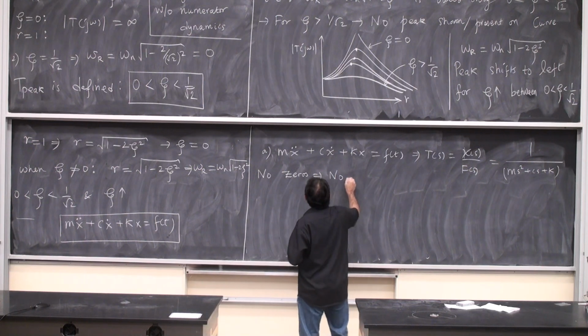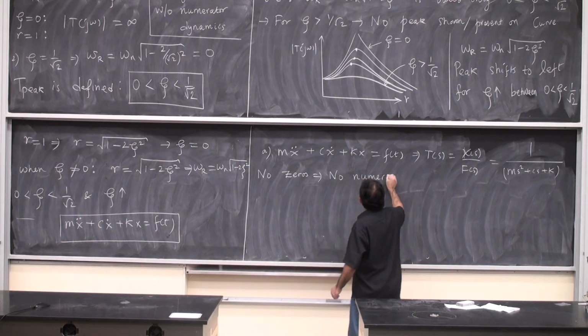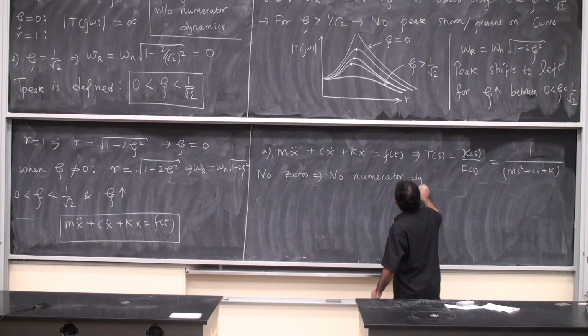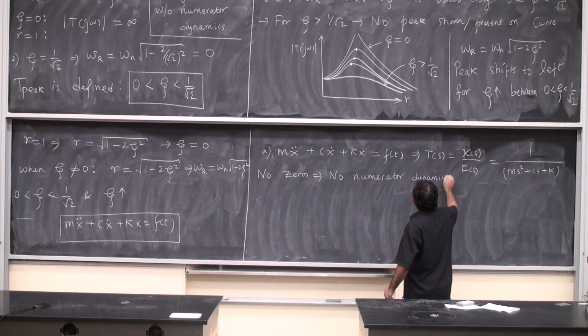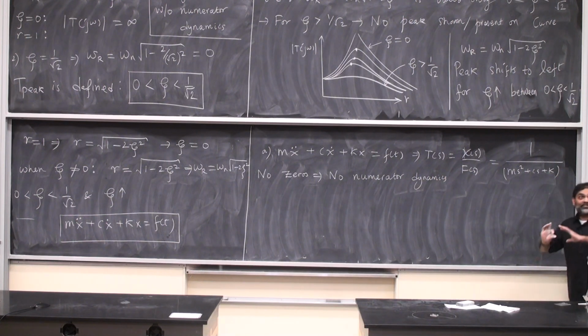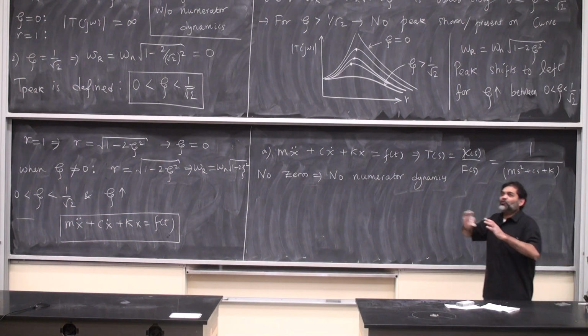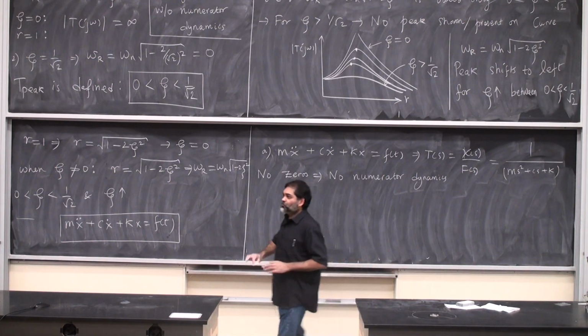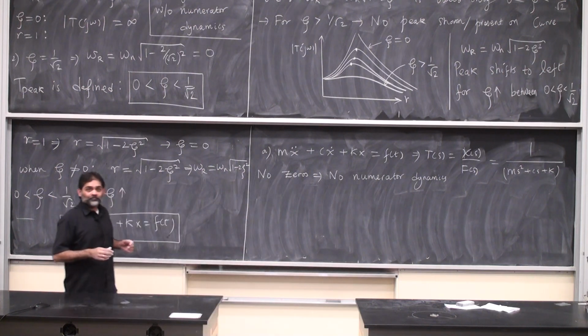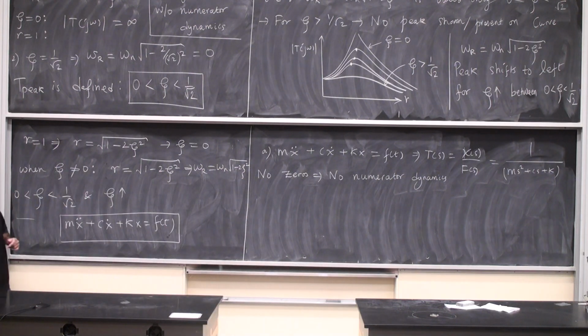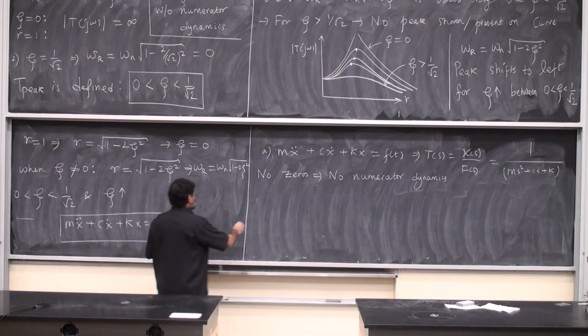Means no numerator dynamics, and everything that we have studied so far applies to this particular scenario, which is a very broad category of problems. Any problem that you can model is a spring mass damper. Okay?